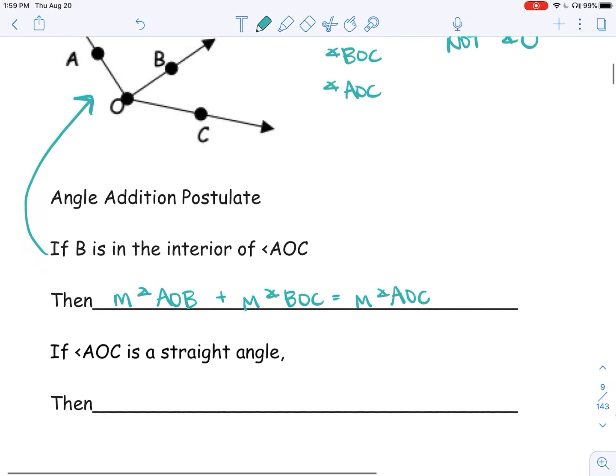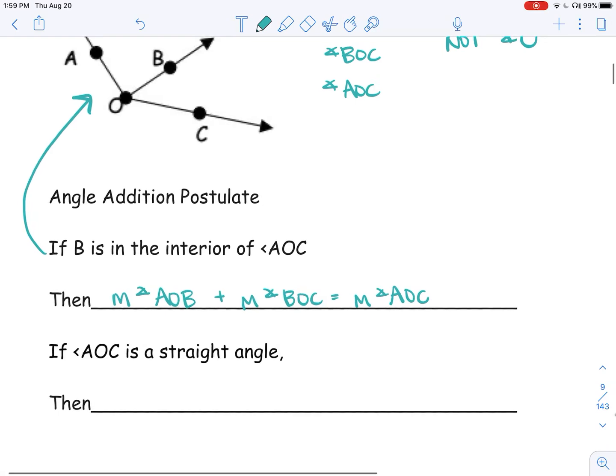And if angle AOC is a straight angle, then we can change this to 180 degrees. So the measure of angle AOB plus the measure of angle BOC is equal to 180.